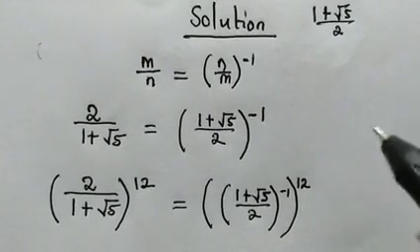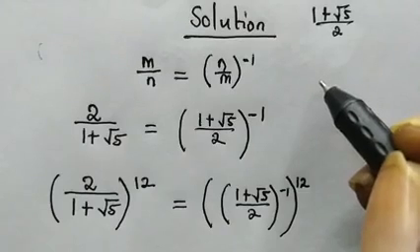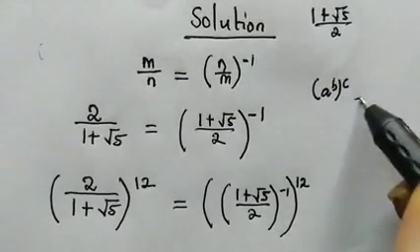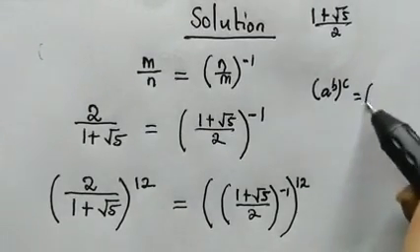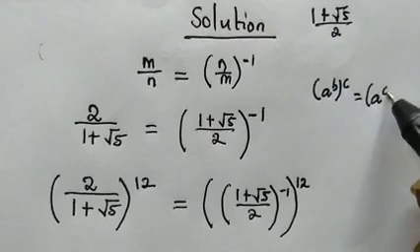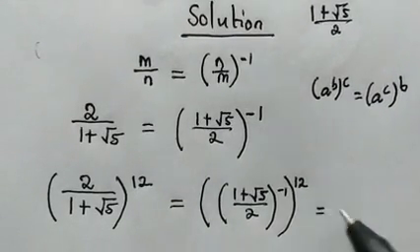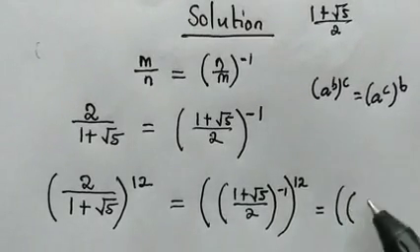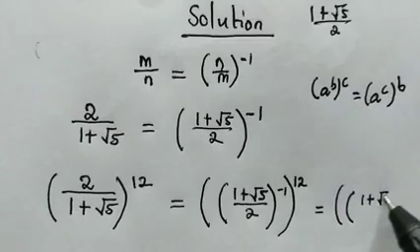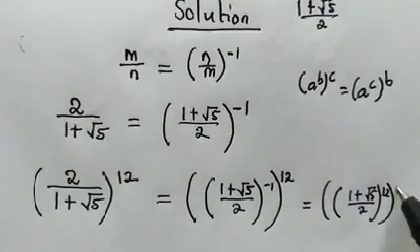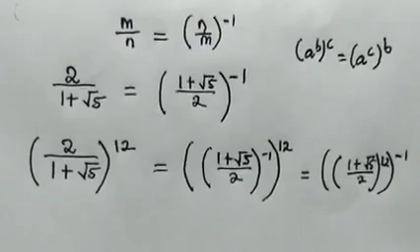Now let us take note of this interesting property. When we have a to the power of b to the power of c, we can interchange the power and rewrite it as a to the power of c, then to the power of b. So we can rewrite this as the golden ratio 1 plus root 5 divided by 2 raised to the power of 12, then raised to the power of negative 1, right?